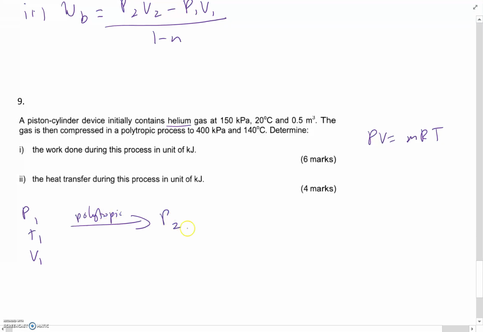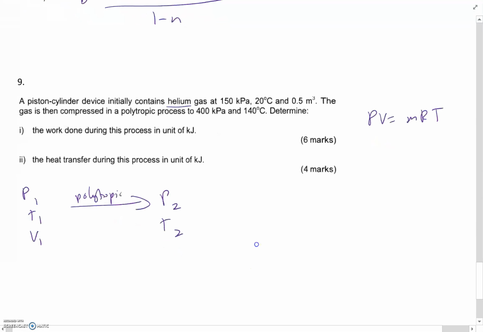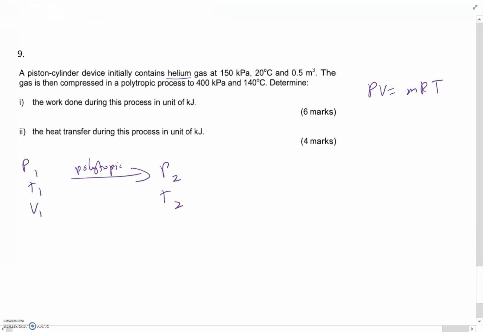You have P2 and T2. Determine the work done. How to find the work? This is polytropic, so work of boundary equals P2 V2 minus P1 V1 over 1 minus n. The problem is how to find V1 and V2.